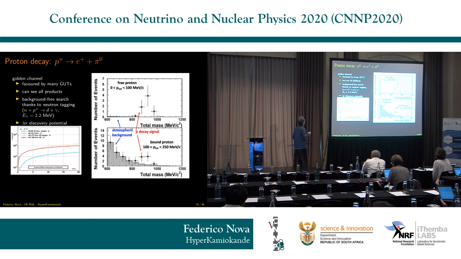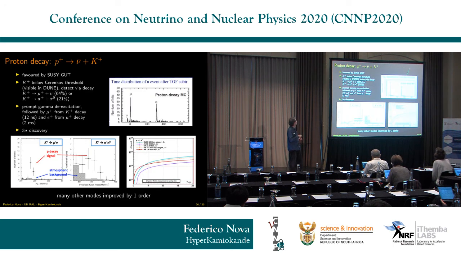So the golden mode for Hyper-K is proton goes into positron pi 0, because we can see all the products. And through neutron tagging, especially if the free proton is the one that decays, it's a background-free search with a 3 sigma discovery potential.